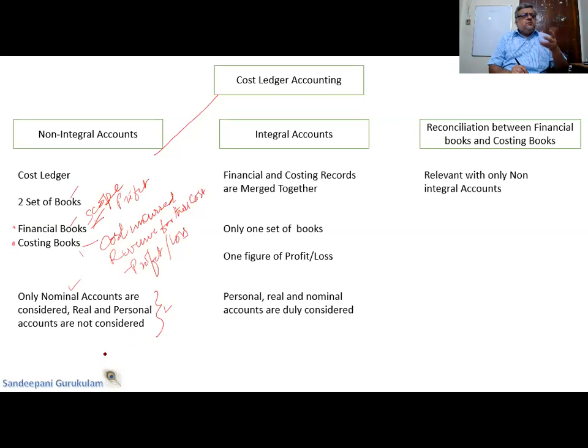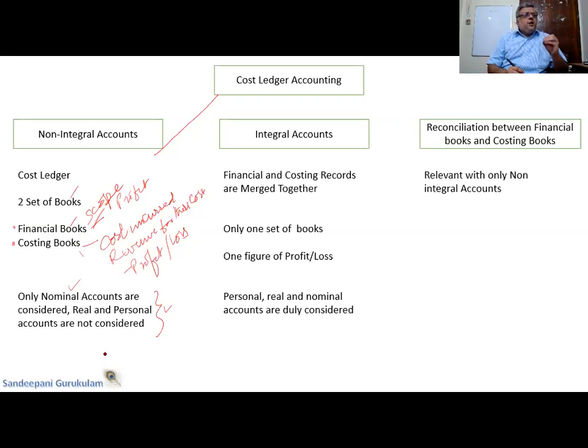For example, for stock valuation, you might have used FIFO for financial books, whereas in costing books, you would have used weighted average. So definitely there will be a difference in valuation, and that might give rise to a certain amount of difference.